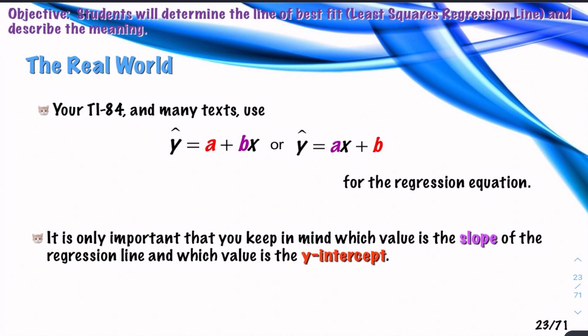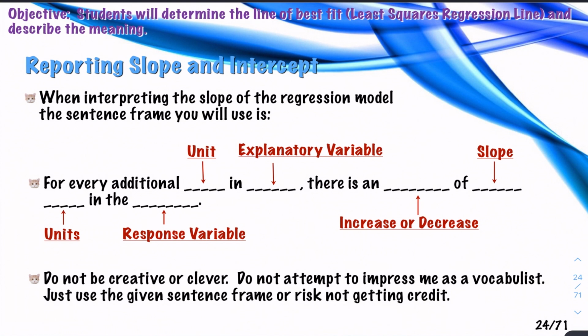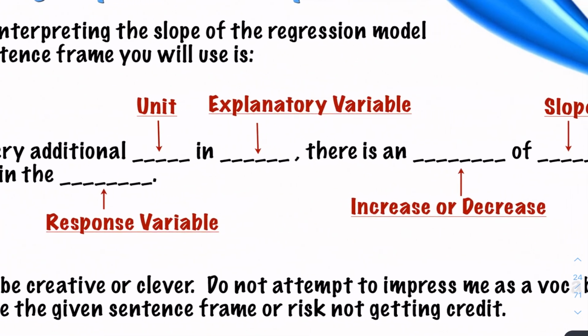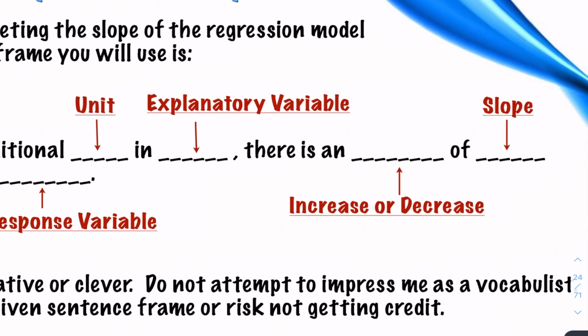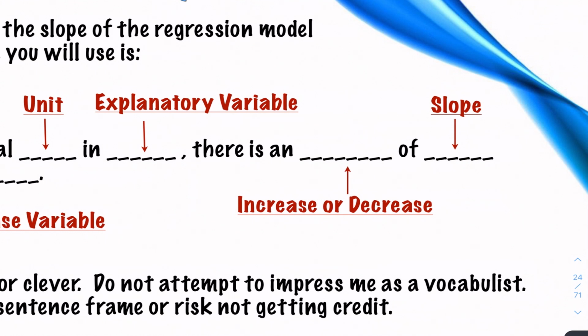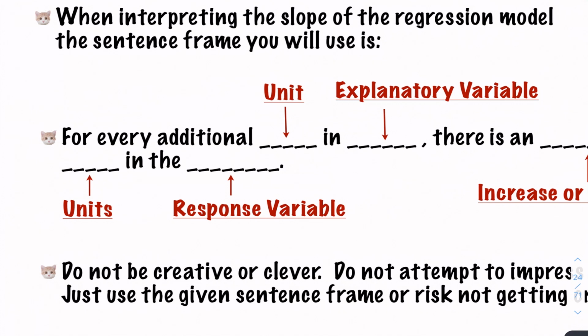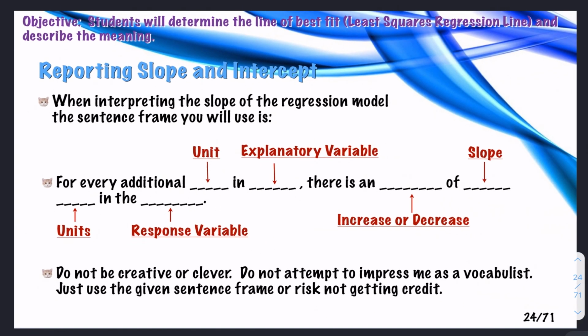When you are reporting these two things in context, slope and intercept, I need you to follow these sentence structures to a T. When interpreting the slope of a regression model, the sentence frame that you will use is: for every additional unit in the explanatory variable, there is an increase or decrease of, and give me the number of the slope, in the units of the response variable.